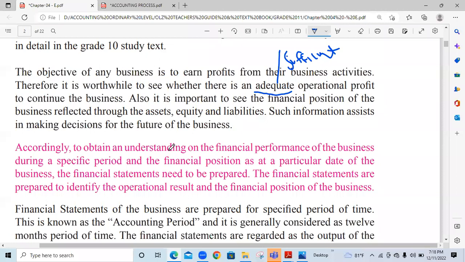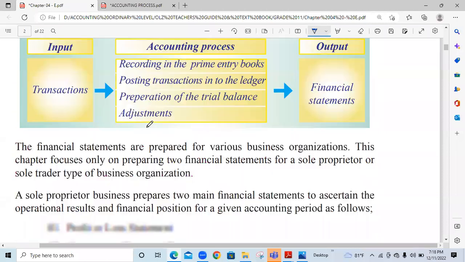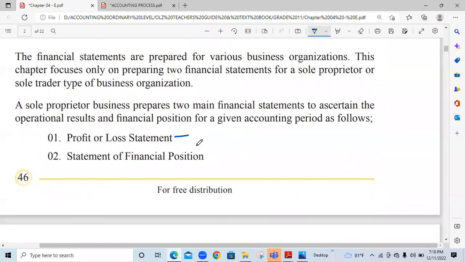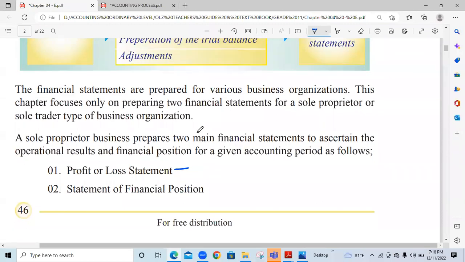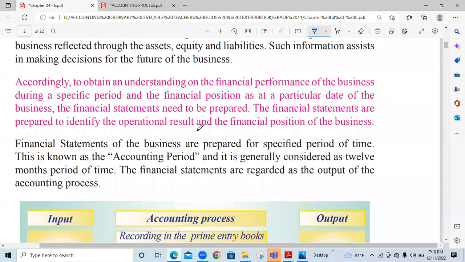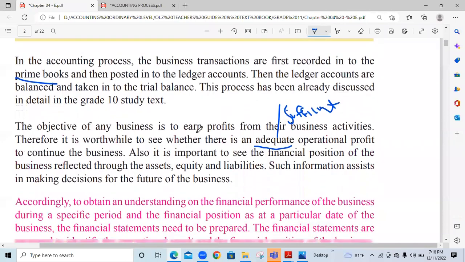To identify the operational results. Results can be profit or can be loss. The purpose, guys, is to identify the operational results of the business. Operational results. Now let's continue.